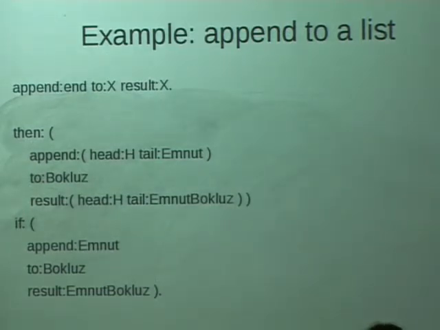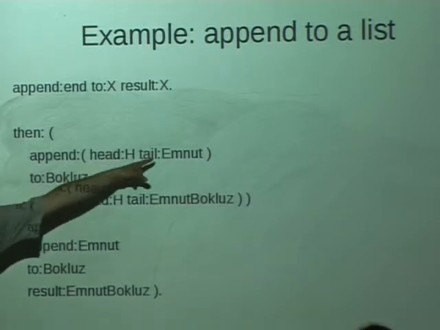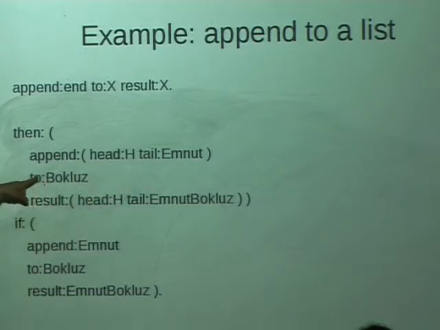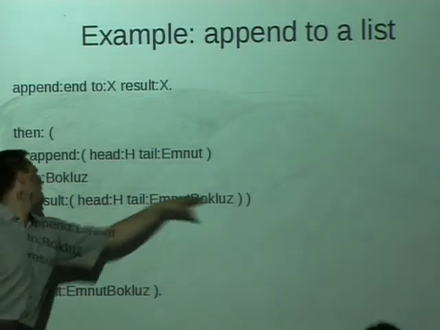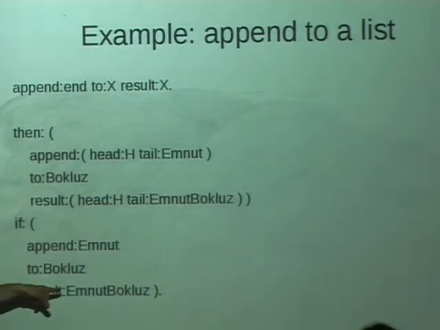So what this is saying is, if you append that head and that tail to this variable, then the result is a list which has that head and that tail, where that tail is defined as appending that to that recursively.